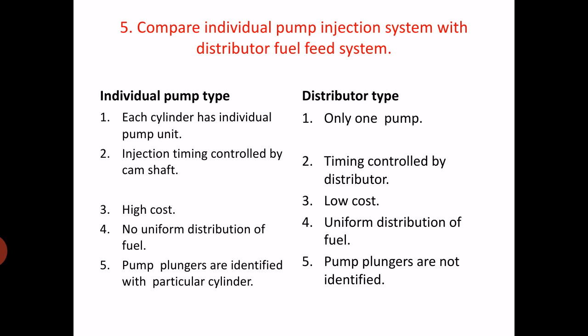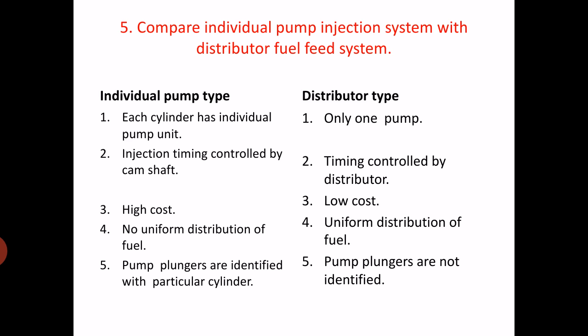Cost: if you consider, the individual pump system is high cost due to different pumps. In the distributor type there is only one pump, so low cost. In the individual pump type, there is no uniform distribution of fuel, because the individual pumps are operating and their settings may be different, so they are not providing uniform fuel.